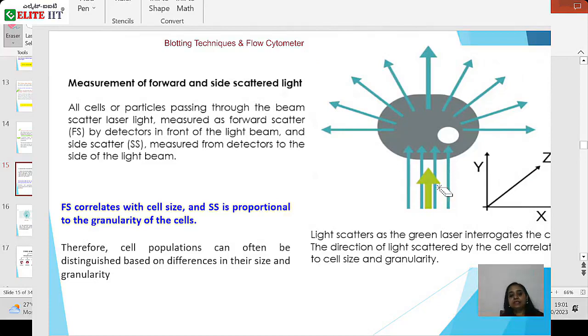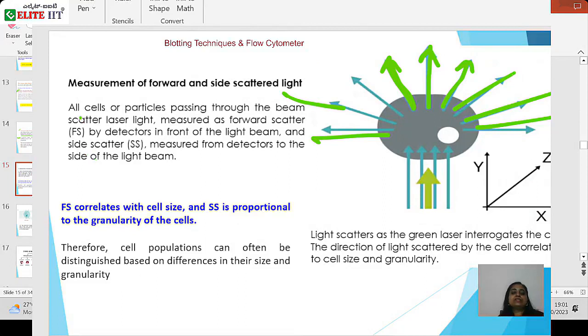Side scattering as well as forward scattering is given together. The green color is the laser beam. This part is the forward one, and a few others you can also include. These are the side scattering light. All cells or particles passing through the beam scatter laser light, measured as forward scatter and side scatter.